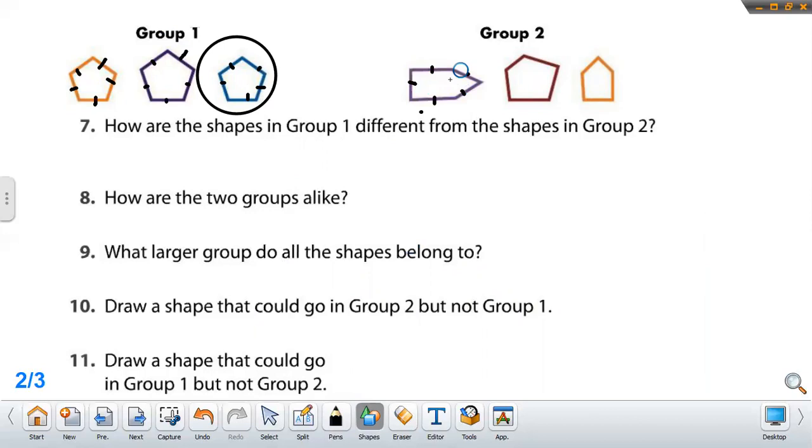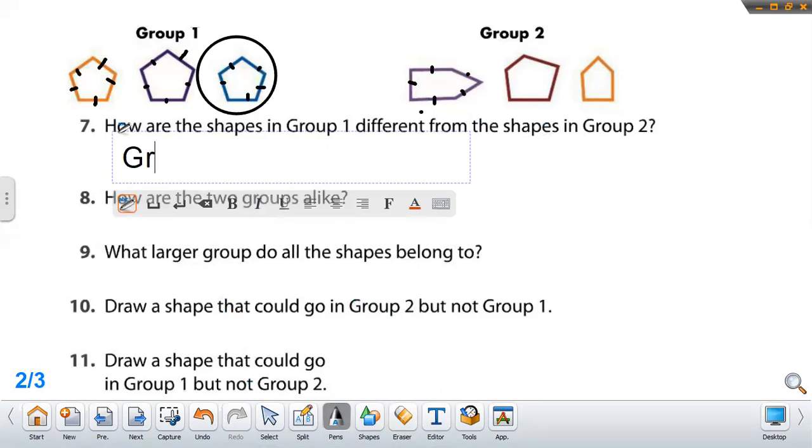So the difference is that the shapes in group 1 are the same length, and the shapes in group 2 are different in length. What do you call a shape with 5 sides that are equal in length? Yes, a regular pentagon. And a shape with 5 sides that are not equal in length is an irregular pentagon.